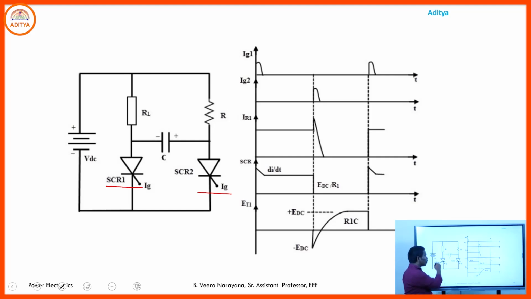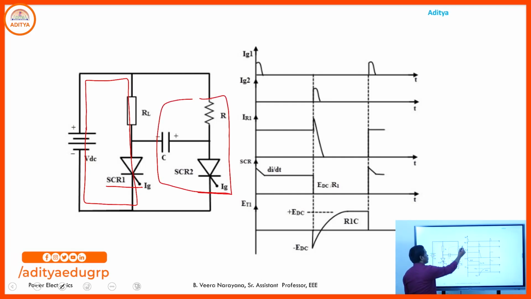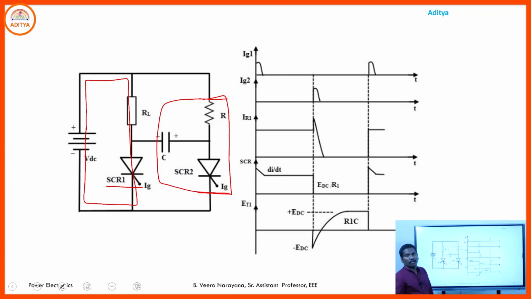In the circuit diagram, the source, the resistive load and the SCR are the representation of the main circuit, and the resistance, another thyristor and capacitor are the representation of the commutating circuit.